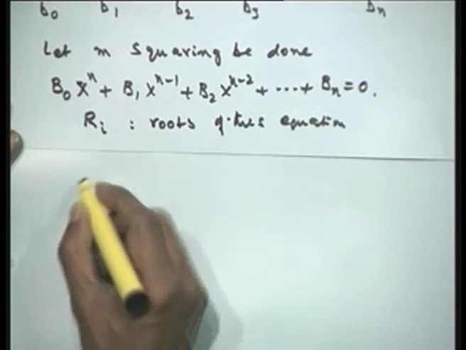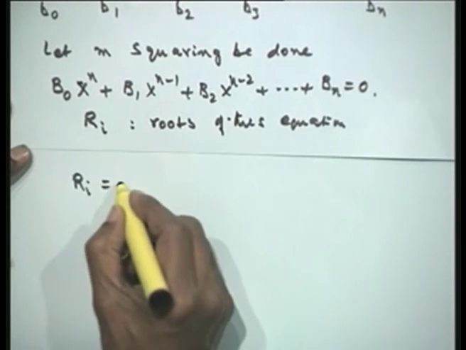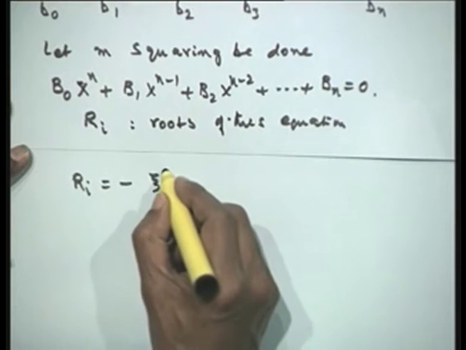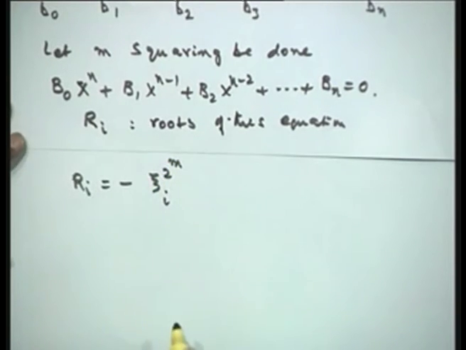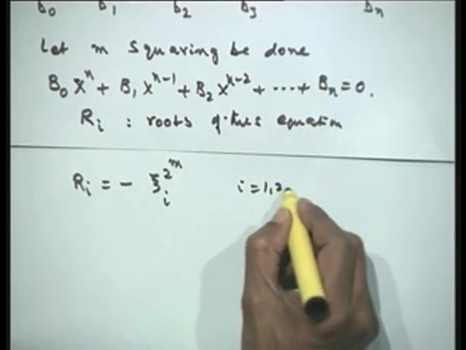If you take the roots of this equation as Ri, then Ri must be equal to minus xi i to the power of 2 to the power of m, where i is equal to 1, 2, 3, up to n.